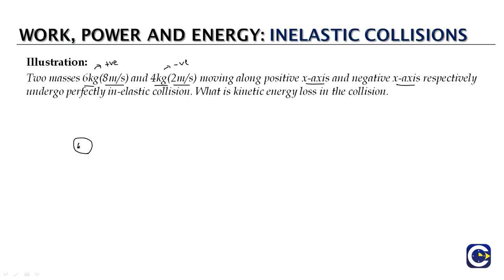So we have a 6 kg block which is moving towards the positive x-axis with a velocity of 8 meters per second, and along the same line there is a 4 kg block that is coming, but the velocity is towards the negative x-axis and the value is 2 meters per second.